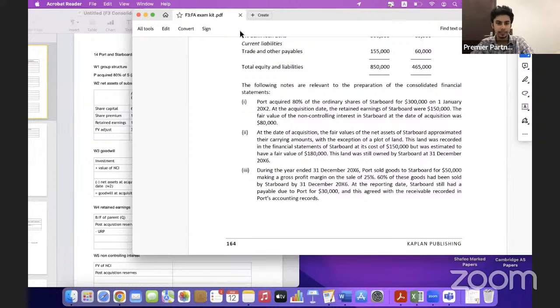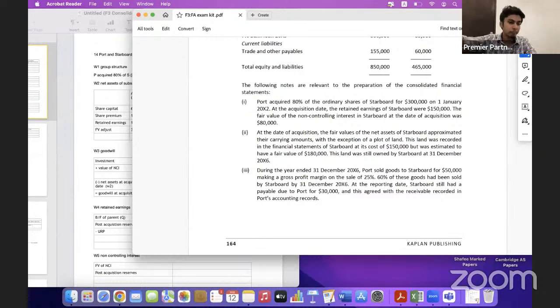Right, now guys, understand one small thing. When someone sells goods to another party by making a profit, and if the buyer can't sell that to an outsider, see, Port sold goods to Starboard. One party sold goods to another party by making a profit.